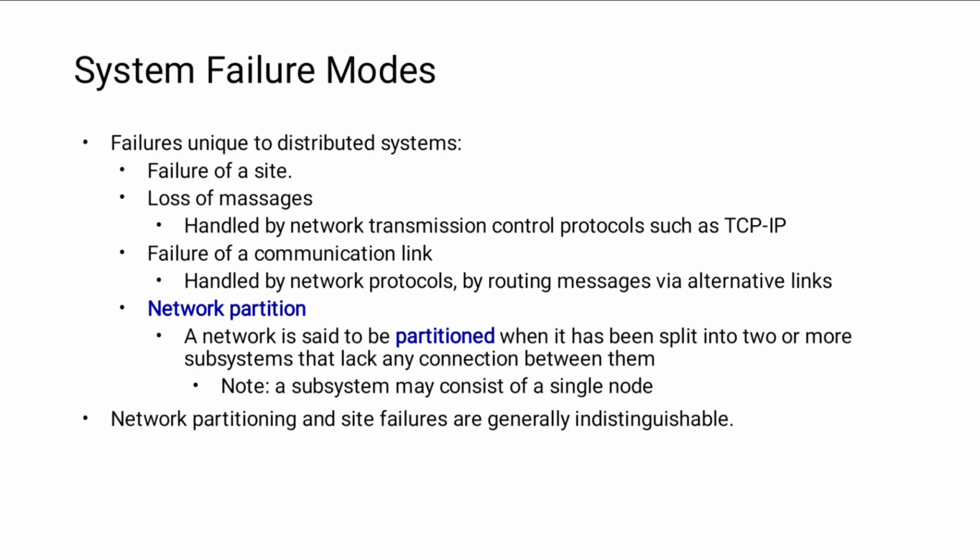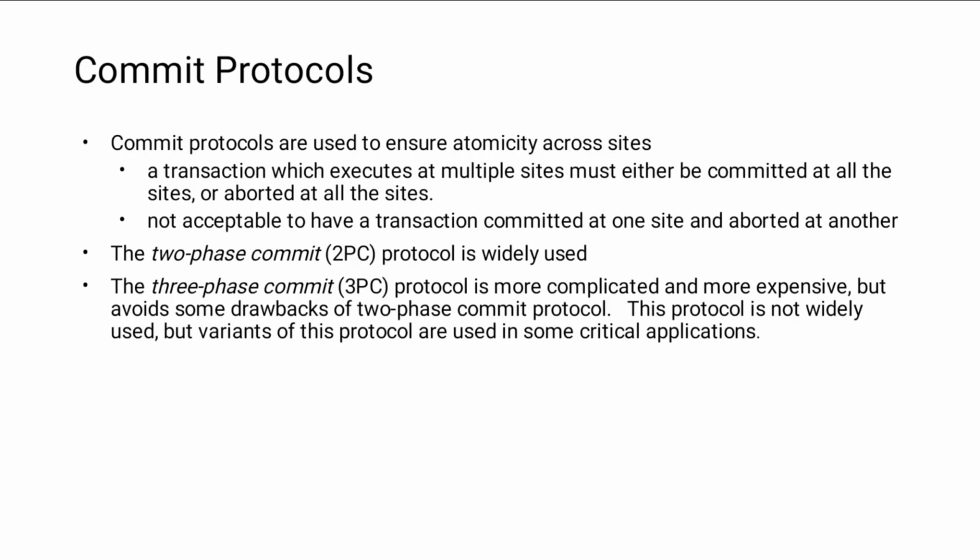Network partition and site failures are treated the same. For that, we are going to use the commit protocols. Two commit protocols are available, 2-phase and 3-phase. 2-phase is most widely used. 3-phase is used wherever critical applications are involved, to overcome some of the drawbacks of 2-phase protocols. We are going to see that in the upcoming slides.